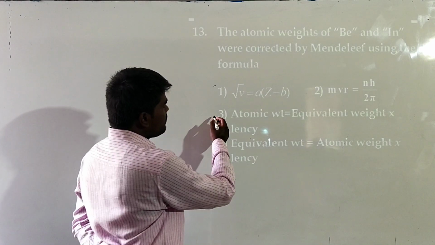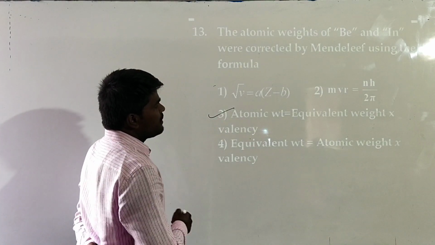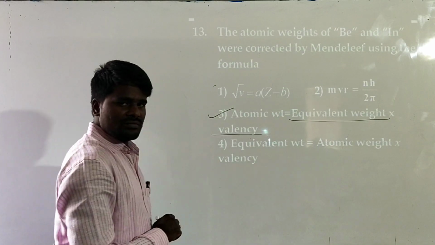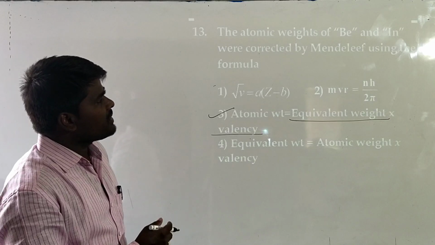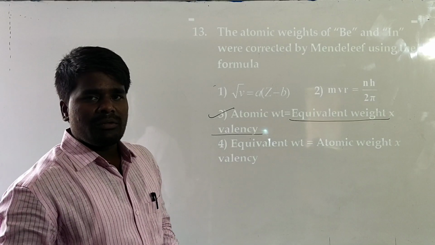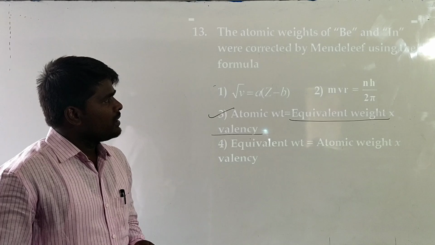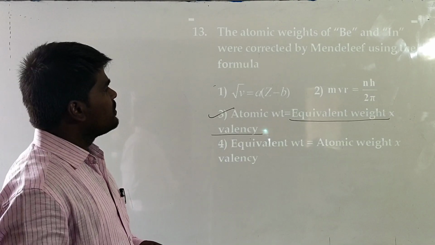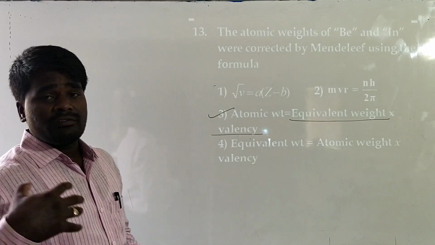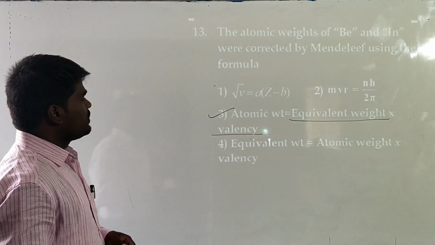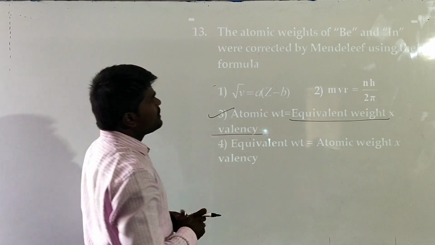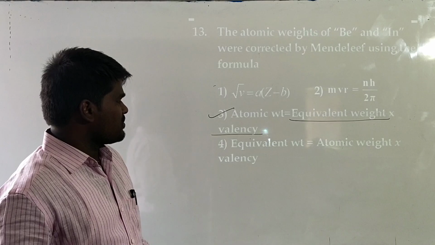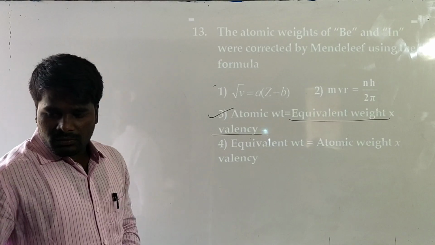Atomic weight is equal to equivalent weight into valence, right? He corrected the atomic weights of beryllium, indium, uranium, etc. This is the relation that we use for the calculation of atomic weight from equivalent weight as well as valence, right?